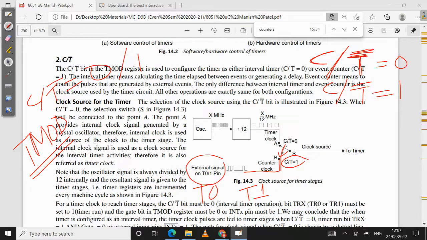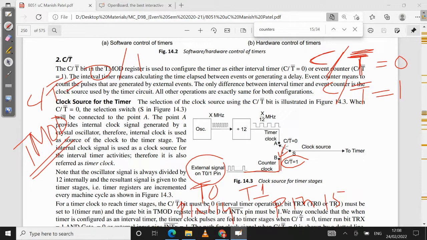T0 आपका पिन है का, कौन सा पिन है, पिन नंबर 14. वेरी गुड, पिन नंबर 14, क्योंकि आपको मैंने बताया था पोर्ट 3 आर हैविंग अल्टरनेट फंक्शंस, port 3 are dual functions. So in that pin number 14 is T0. And what about T1? Pin number 15. Yes, pin number 15 is T1.